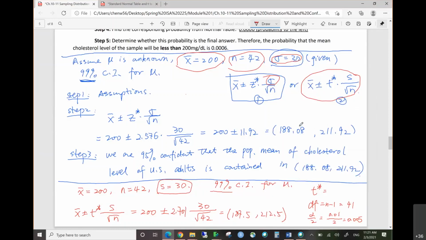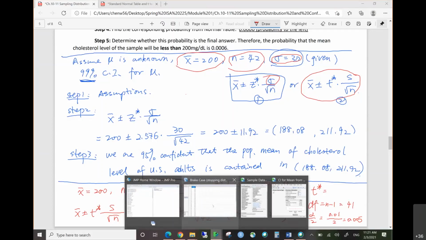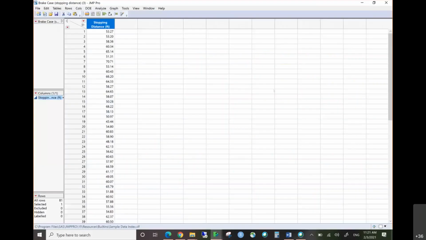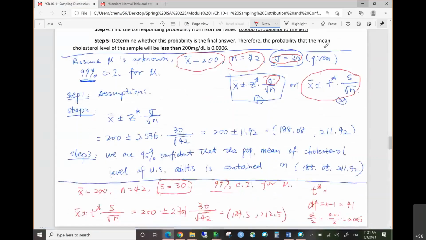You may ask why we need to learn all of these steps and calculate by hand, why we don't just skip them and use JMP. In your future courses, you will not be limited to JMP. You need to use R, SAS, and other software. You need to know what is inside these functions, why we need to enter that value, why we need to change from Z to T. So we still need to learn what is inside.